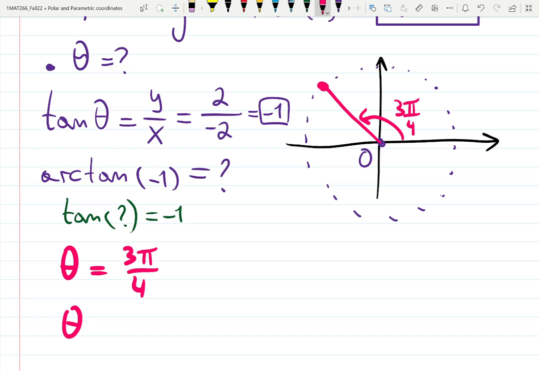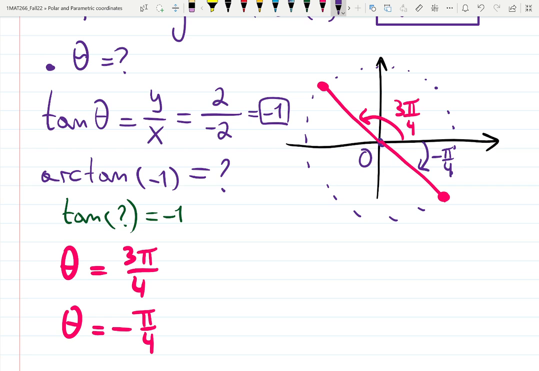But there's also one more answer, which is minus pi over 4. Minus pi over 4 is over here. That means we're going down to the negative side. Remember I told you that clockwise is the negative direction, counterclockwise is positive.